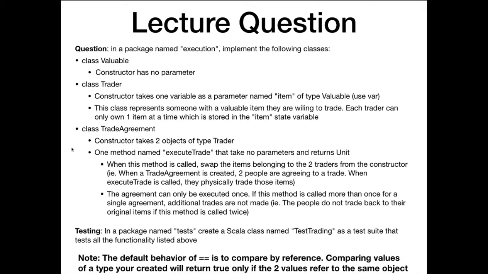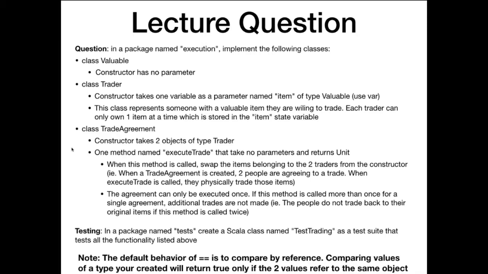We want to make sure that we're trading the references of those objects, because there's no real properties to check of those valuables. If there were, say we had a name or a price, we don't want to make sure that after the trade, this trader has a valuable with the same name and the same price as the one that originated with the other trader. We want to make sure that they have the exact item, that exact instance.